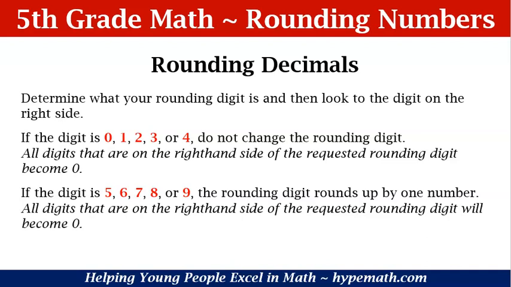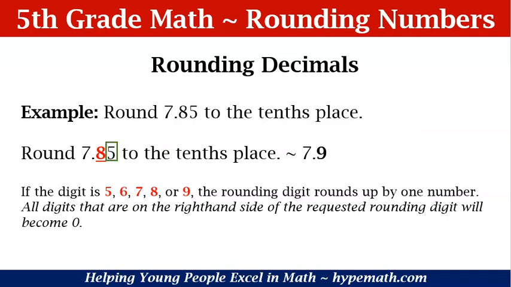Let's look at some examples. In this example, we are rounding 7.85 to the 10th place. Our rounding digit is the 8, but we must look at the digit on the right-hand side to determine if the value stays the same or if it rounds up 1.